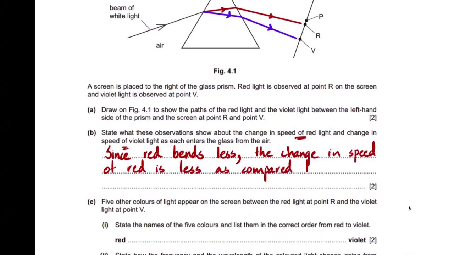So red slows down less. Slows down is not written here, so let me change this word to decrease. So the decrease in speed of red is less as compared to the decrease in speed of violet. So violet slows down more, that's why it also bends more.